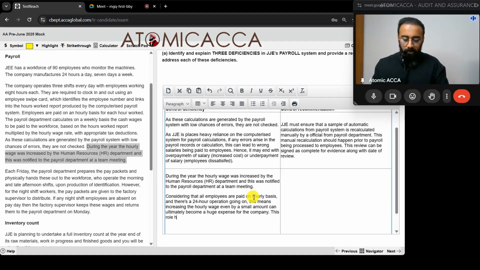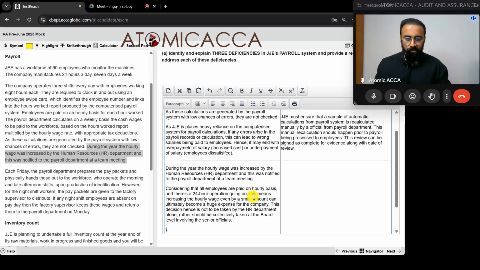This decision hence is not to be taken by the HR department alone, rather it should be collectively taken at the board level, involving the senior officials of the company.